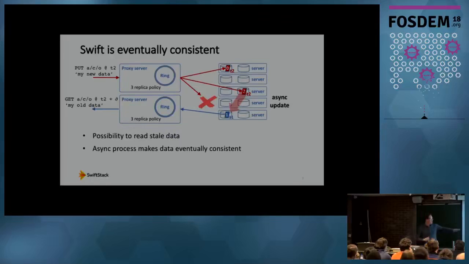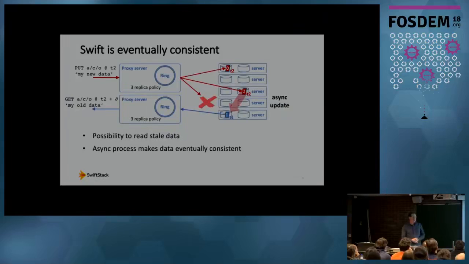So I still have one of the blue replicas on disk that was written at time t1, and only 2 of the 3 replicas at time t2 were successfully written. So this means there's some stale data in the cluster, and it's possible to read that stale data because our ring will be choosing randomly one of those replicas to serve reads.